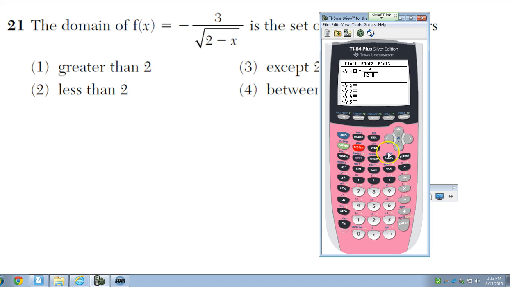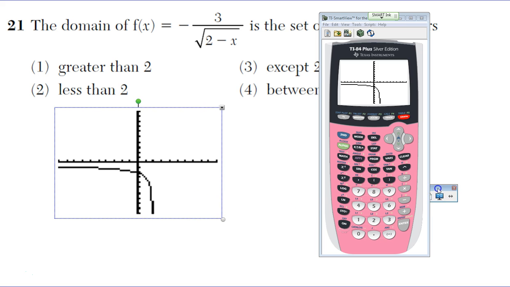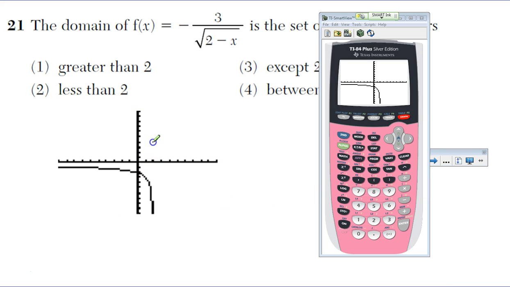All right, so I'm going to look at the graph first. Basically I can see that my x's are going to be from here, and all of these x's over here are all good.